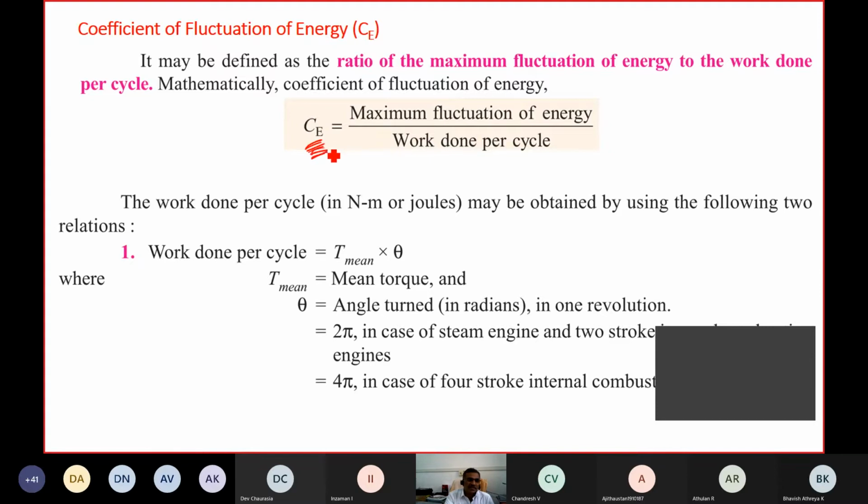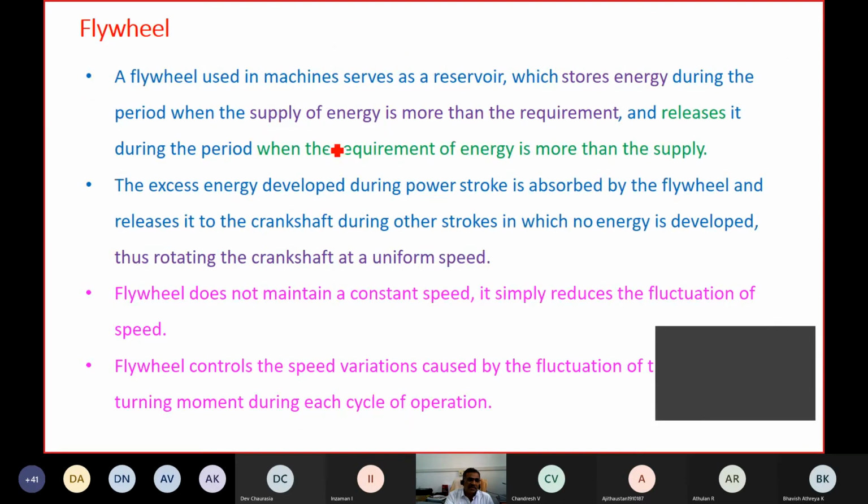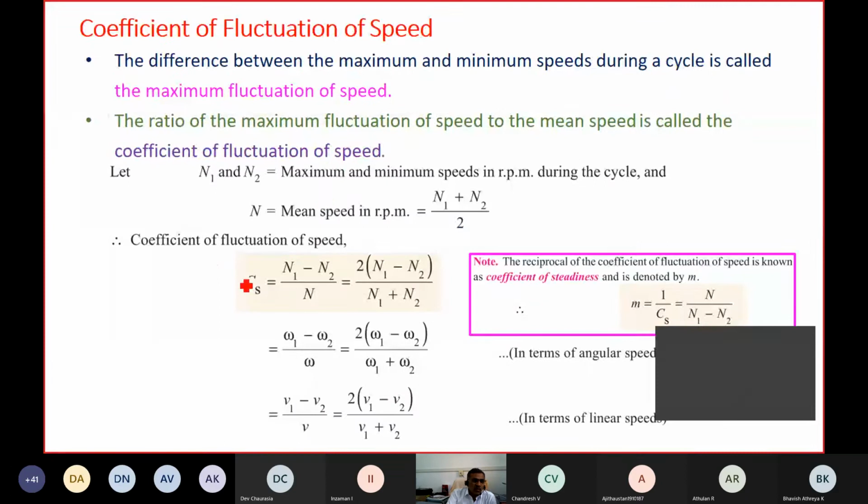These are the three terms you have seen. CE is delta E, the fluctuation in energy, divided by work done. Now we are going to see another term, the fluctuation in speed.